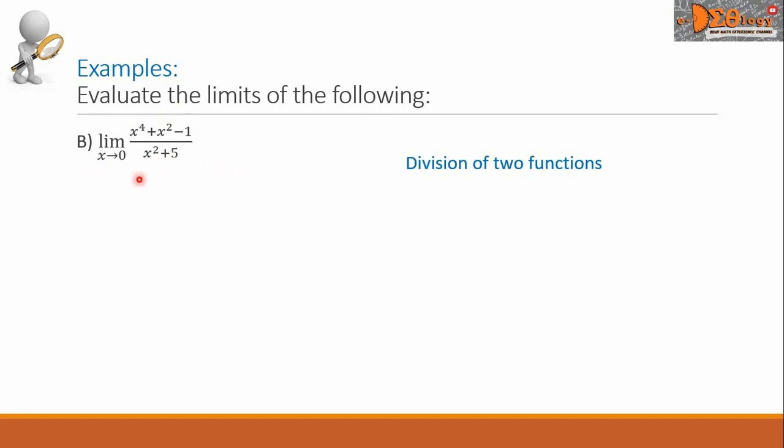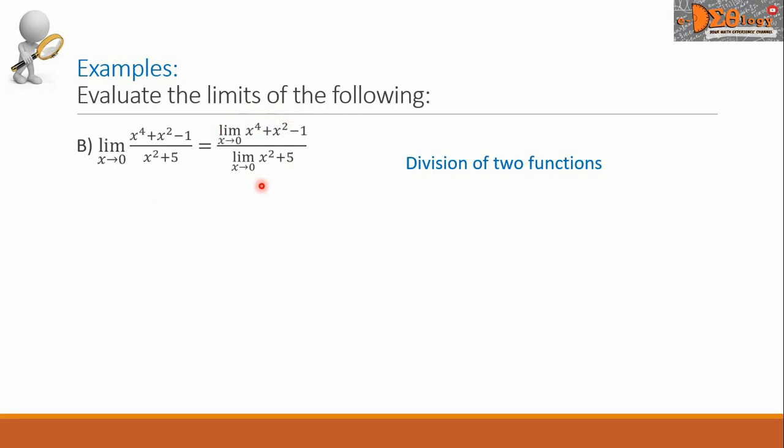So here, we're going to take the limit of the numerator and the limit of the denominator as x approaches 0 respectively. So we write here the limit of x raised to 4 plus x squared minus 1 as x approaches 0 all over the limit of x squared plus 5 as x approaches 0.